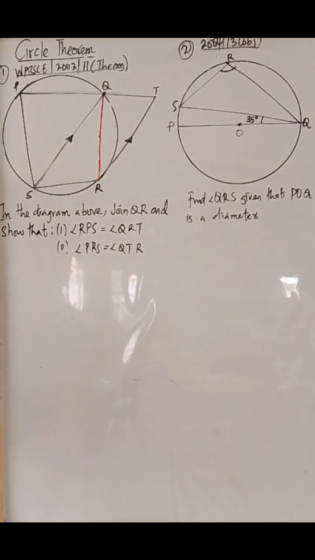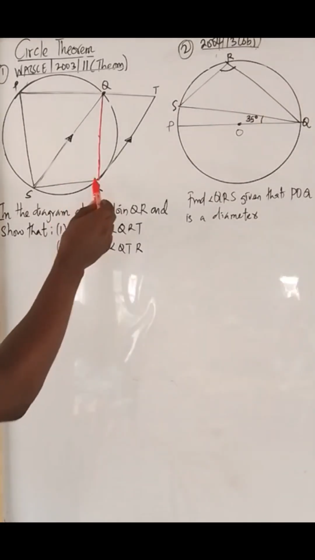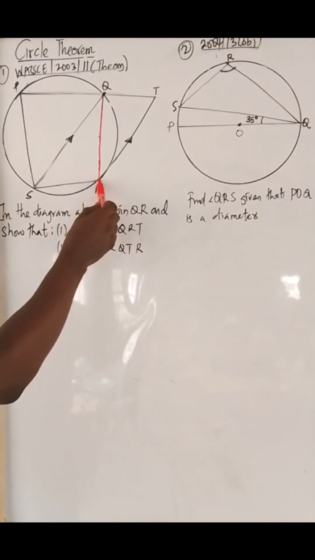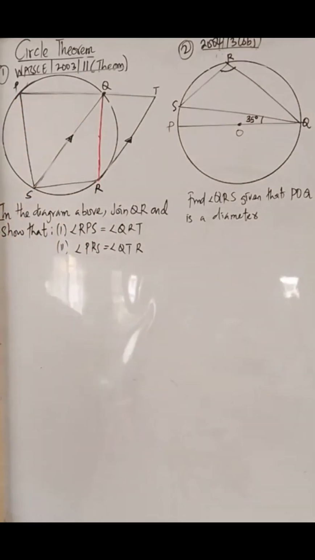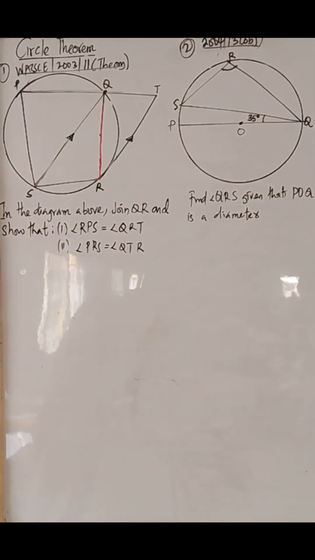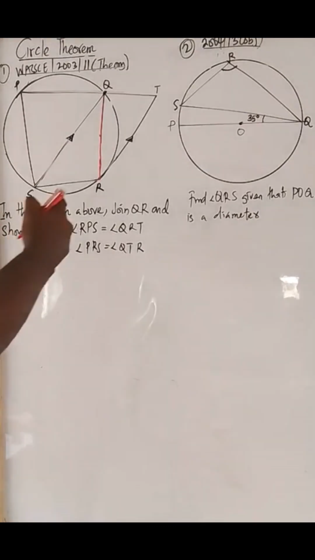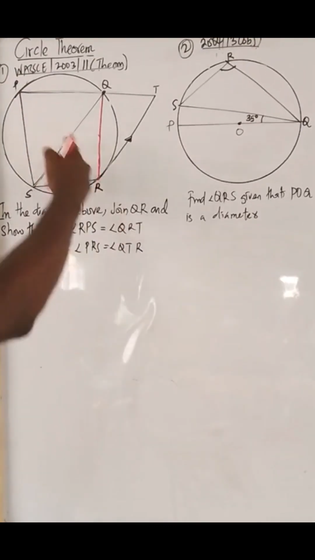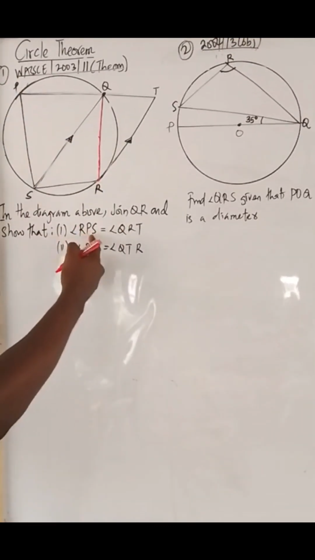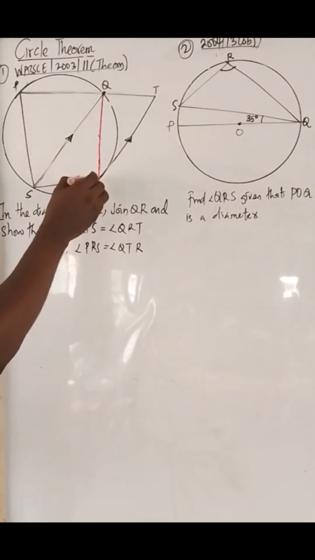And show that angle RPS, so obviously R and P are not joined. If you are looking for angle RPS, R and P must join together, so we have to join it.